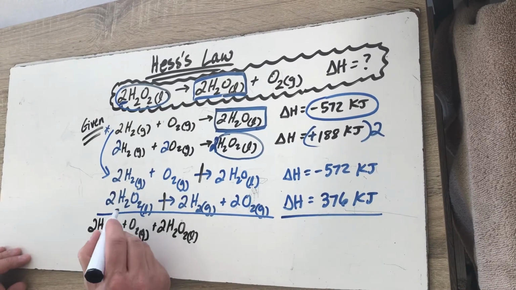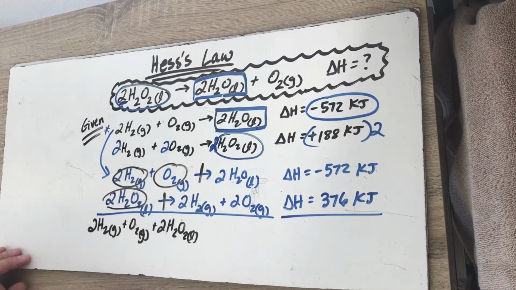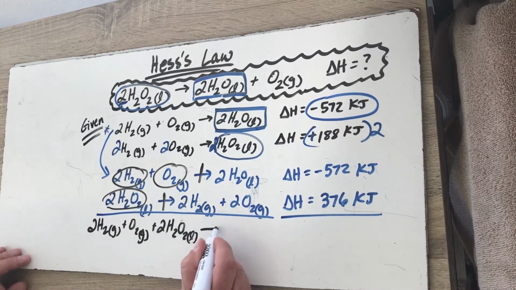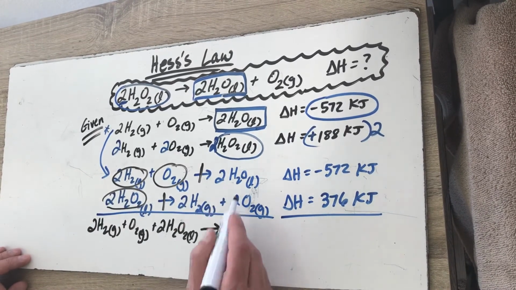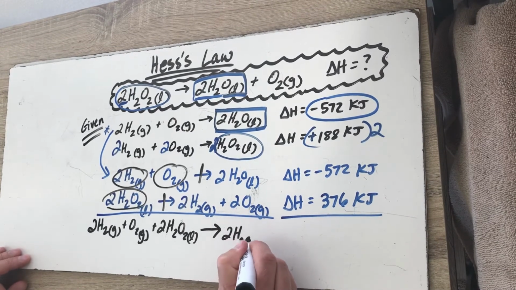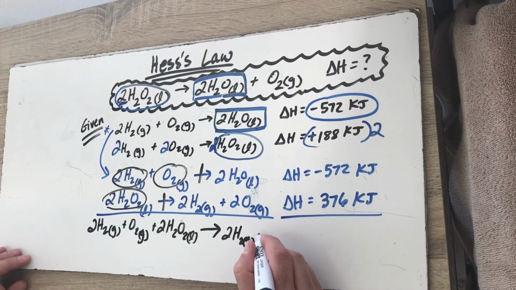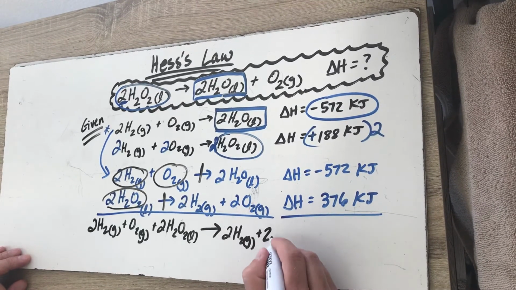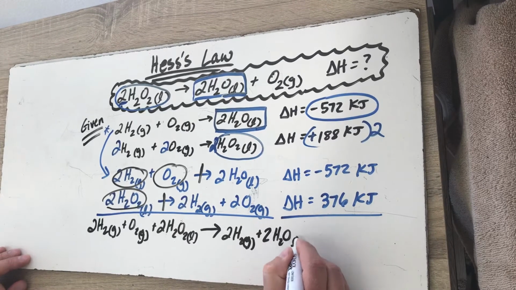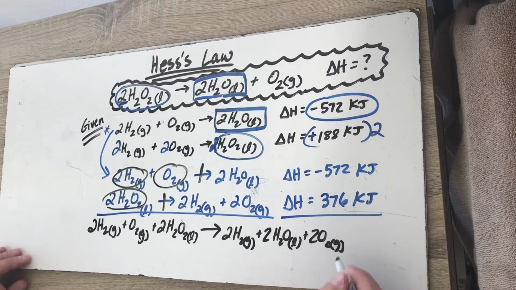So there's my 1, 2, 3 things that are on the left. I wrote them all out. Now comes my arrow. Now I got 3 things on the right. I've got 2H2 gas, 2H2O liquid and 2O2 gas.